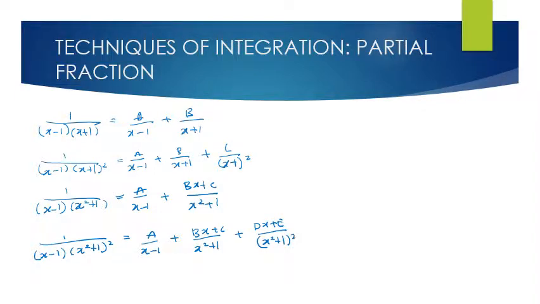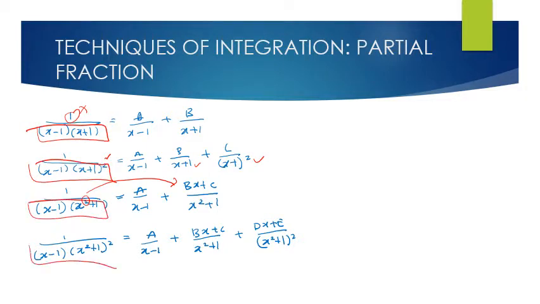When we have power 2 outside the bracket, make sure that we expand that one. If we have power 2 inside the bracket, it will affect the value of the numerator. So we do not care too much about the numerator, we just focus on the denominator to get the partial fraction. Okay, that's all. Thank you for watching this video.